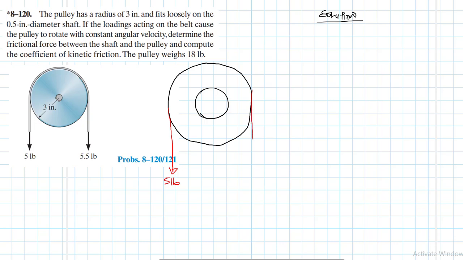Then on the other side, let's say it was T. So there is a point where the pulley is in contact with the shaft, right? So imagine T was equal to 5 pounds. Where do you think the contact would be between the shaft and the pulley? So if we are to draw this, it would be something like this.